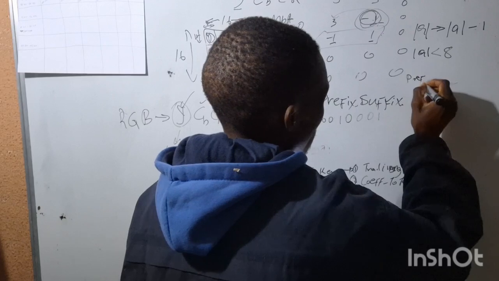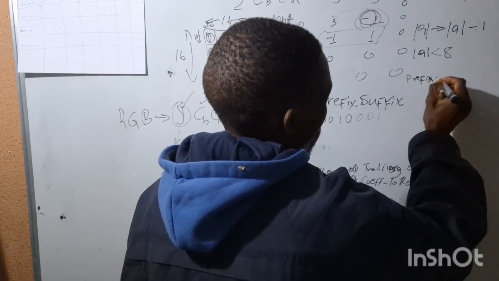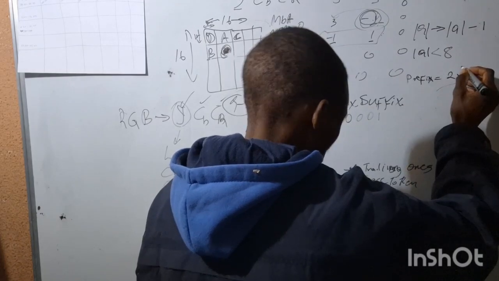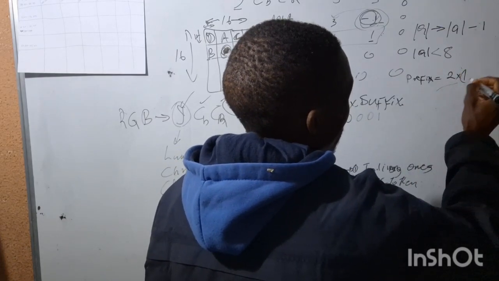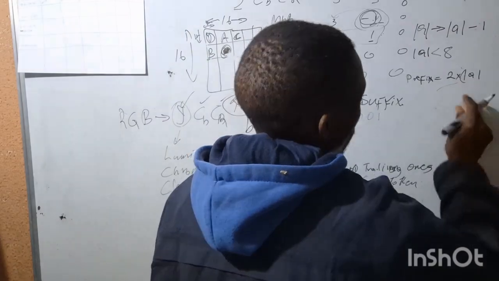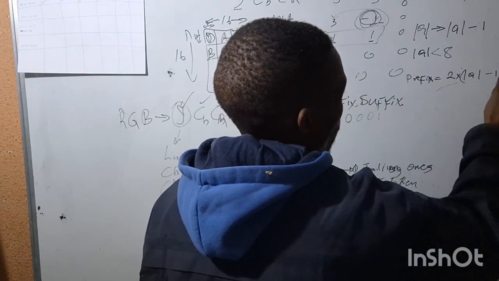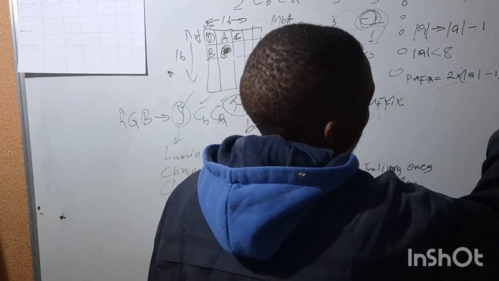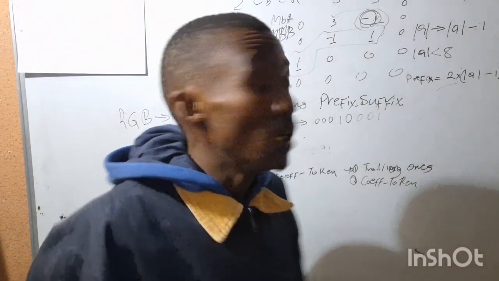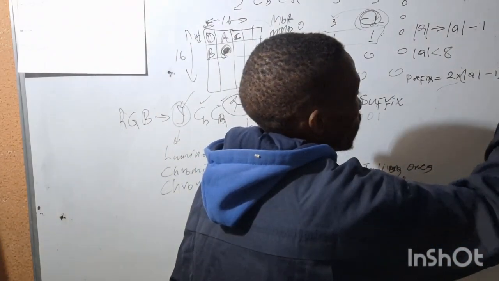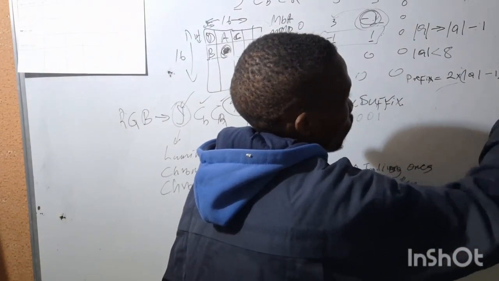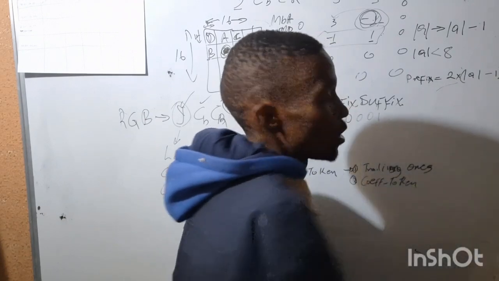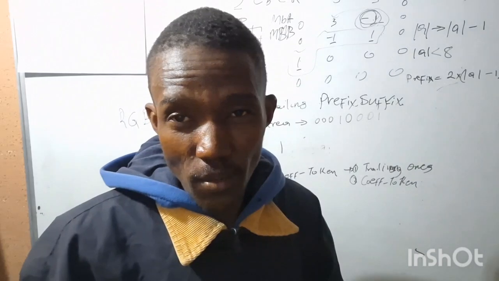Your prefix is therefore equal to 2 multiplied by the absolute value of a, which is the level that you are encoding, plus the sign. We set the sign to be a 1 to represent a negative, and a positive will be represented by a 0. Does that make sense? Right.